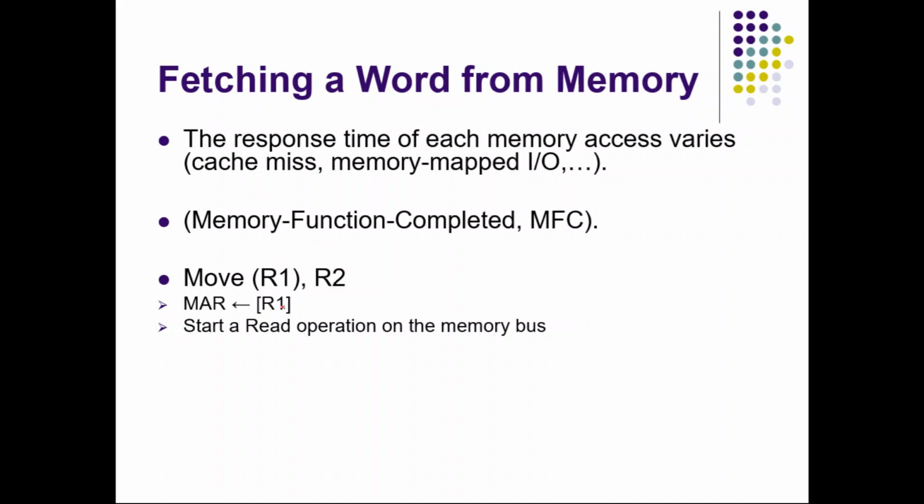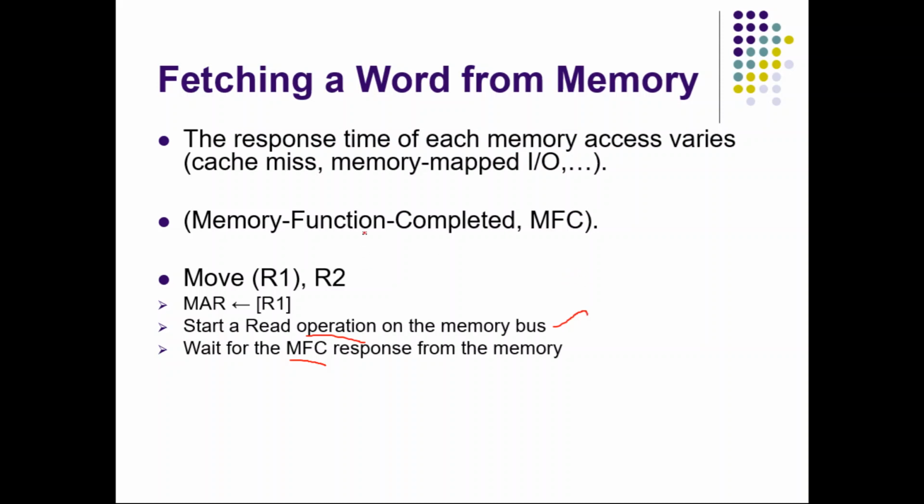Then initiate a read operation on the memory bus, because this represents a memory location. And then wait for the MFC, because this may take more than one clock cycle.